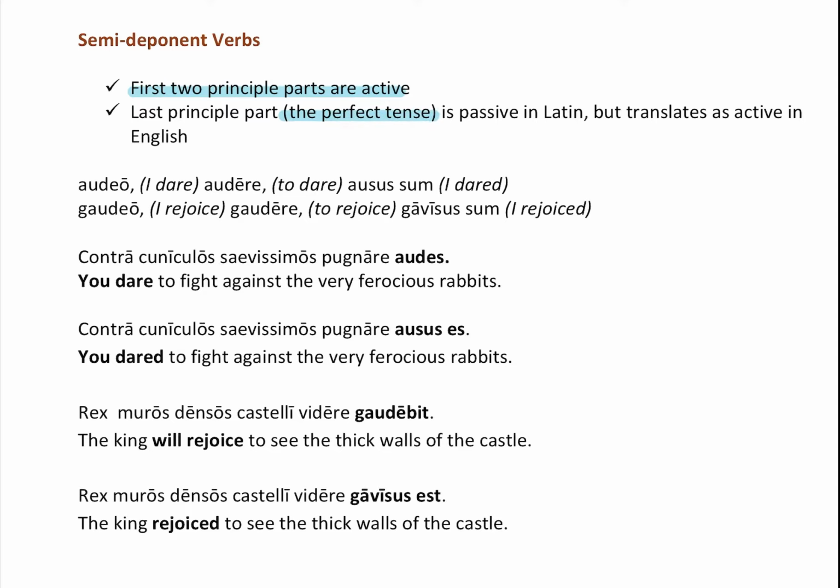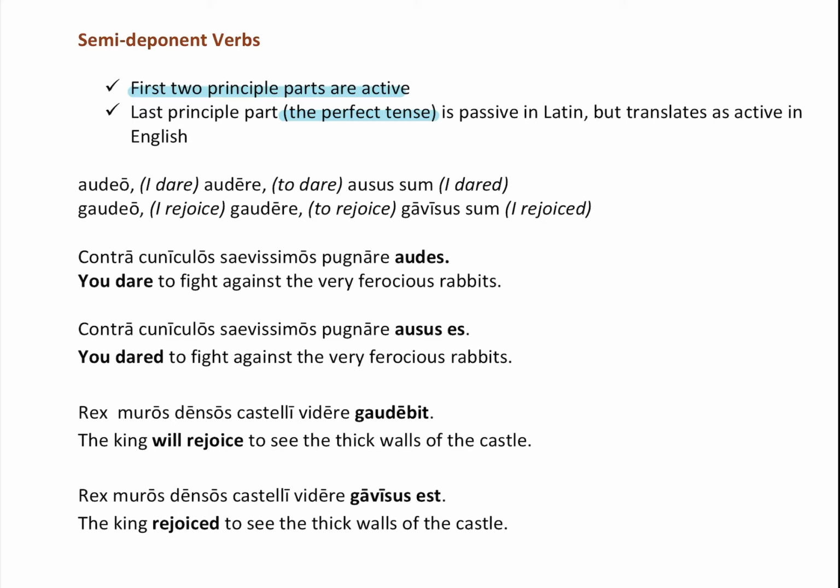Remember before the first one was the perfect, remember the sum, right? The perfect passive participle plus sum is the third principal part. Here the third principal part is perfect.